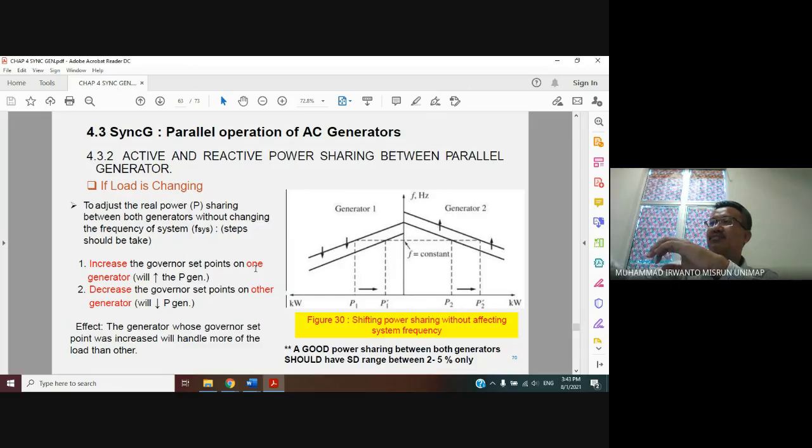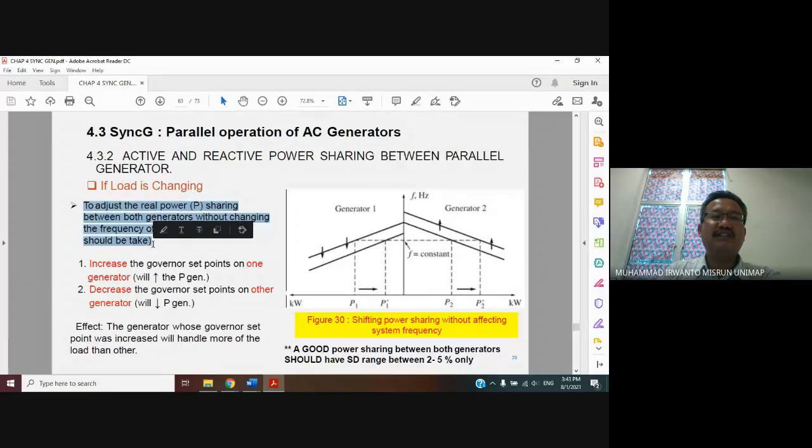The fluctuation of the load will impact the terminal voltage and frequency of the generators. In the normal condition, frequency and terminal voltage should be maintained at fixed values. Again, we relate this to frequency, active power, terminal voltage, and reactive power.